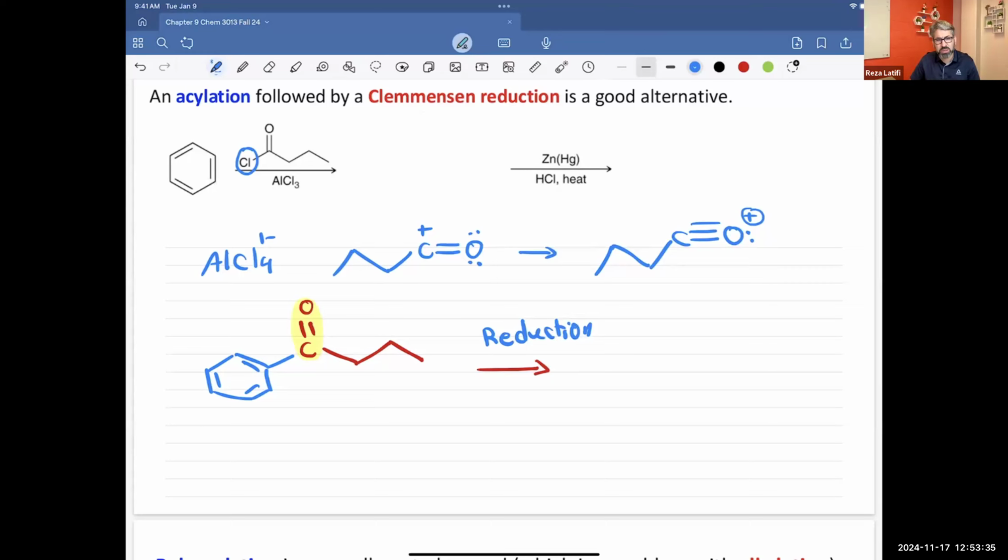One of the methods can be the Clemmensen reduction method. You will use a mix of zinc with mercury, and you will treat it with HCl and also heat. That's going to reduce the carbonyl group, and we will have this.